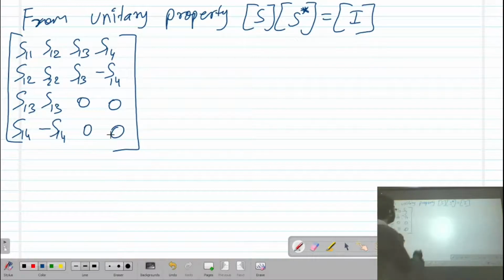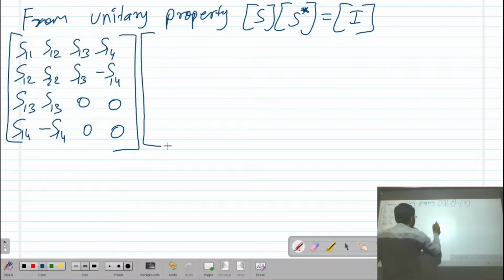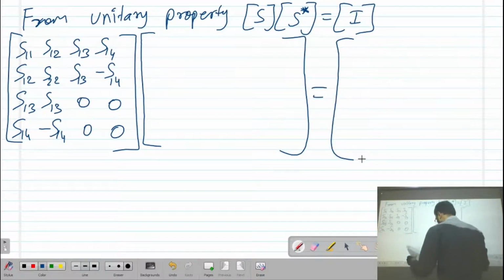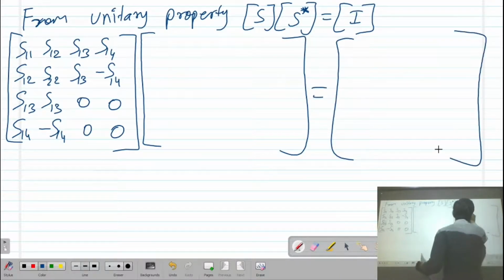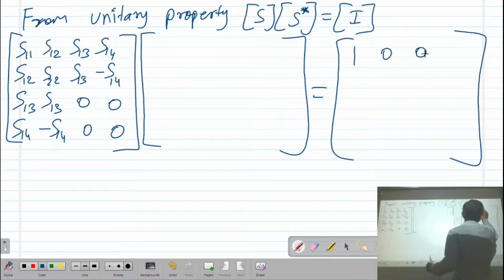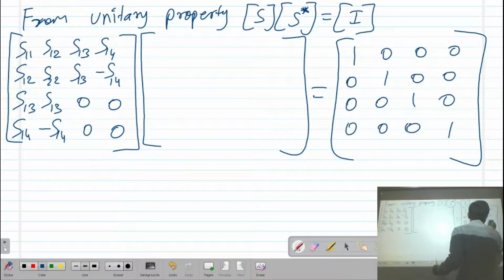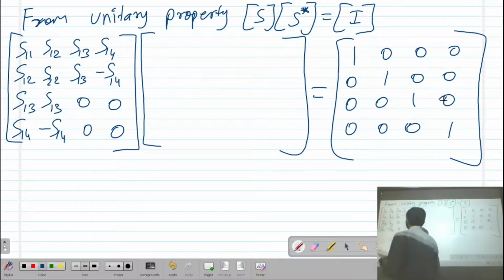The same we will have with conjugate, that is star, and this will be equal to the identity matrix, which is 1, 0, 0, 0, 0, 1, 0, 0, 0, 0, 1, 0 and 0, 0, 0, 1.